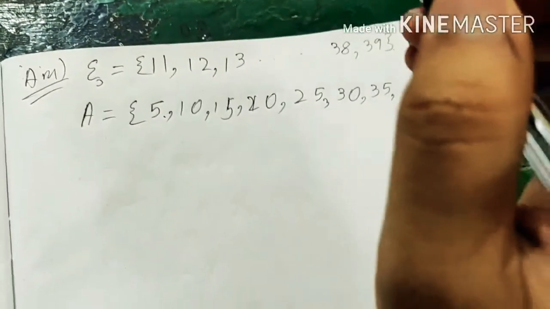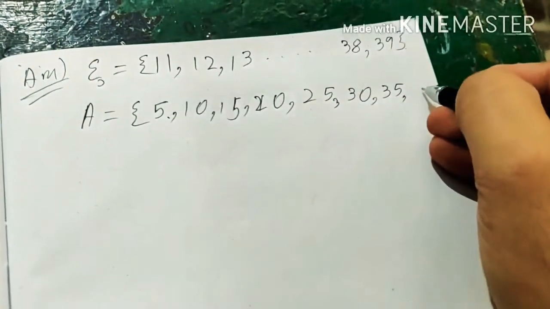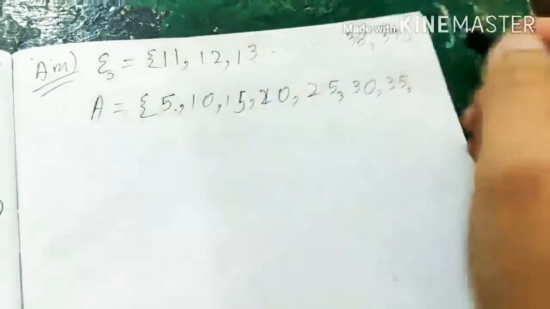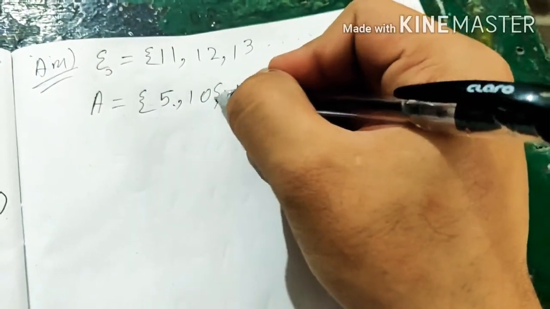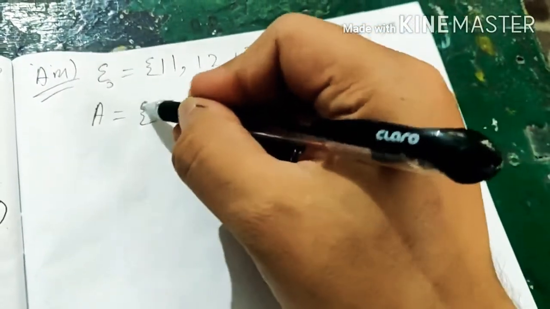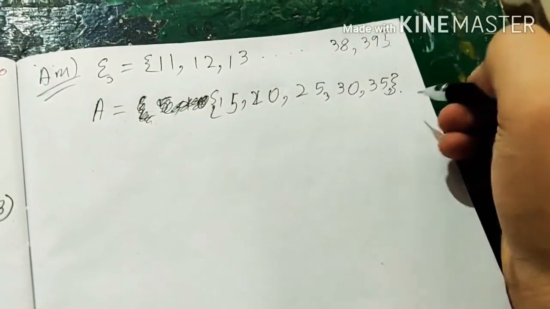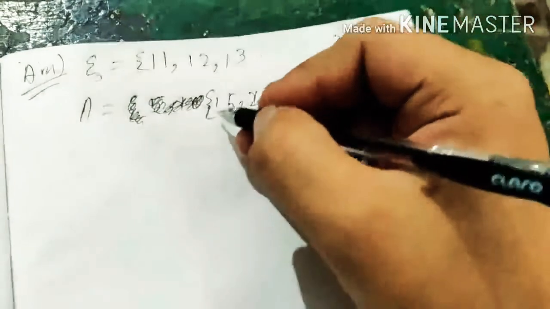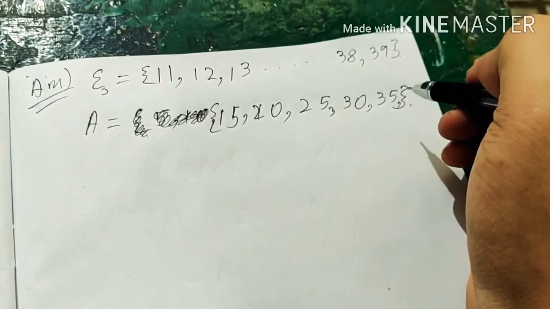In this set we won't take 5, 10 and 40 and so on, because we have to take a set that belongs to the universal set as well. So here 5 and 10 do not belong to the universal set, so we will start our set from 15. And we will finish at 35, because the next multiple is 40 and 40 does not lie in this set. So our first number is 15, then 20, then 25, 30 and 35.